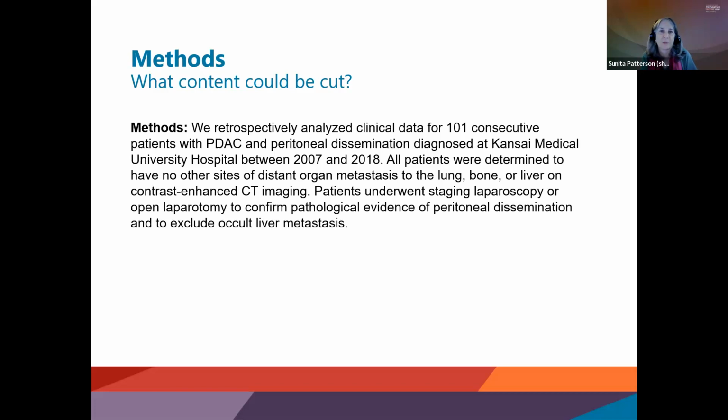That feels detailed to me. And then the last section talks about how they confirmed the peritoneal dissemination and that they were excluding metastasis, and that again felt a little detailed. Here I'll show you our solution, and then if you want to comment further, I will welcome you to do so.